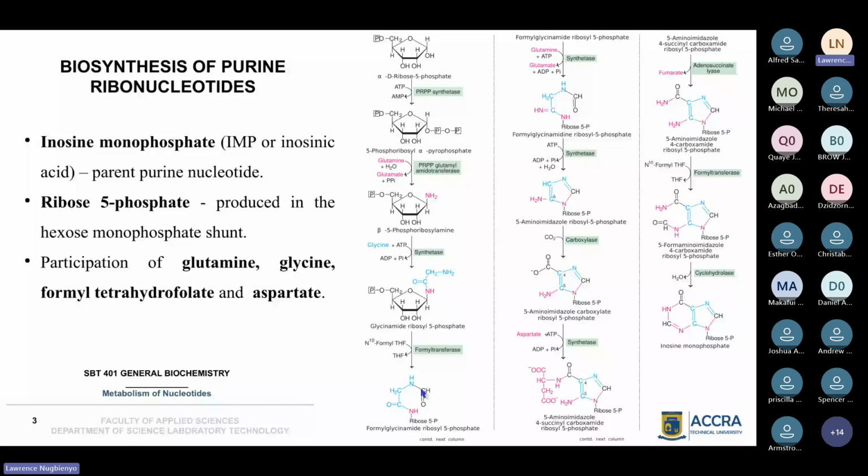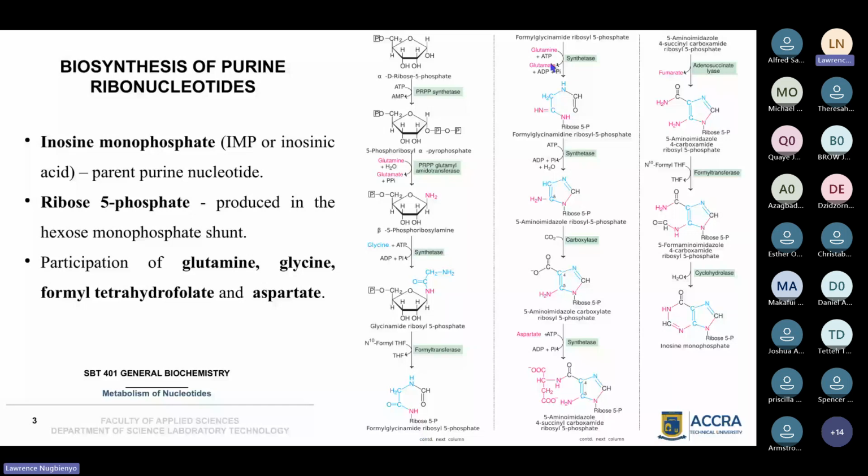So then we now have a formylglycinamide ribosyl phosphate. Right. You continue and you see that from that molecule, the formylglycinamide ribosyl phosphate, glutamine comes in again.